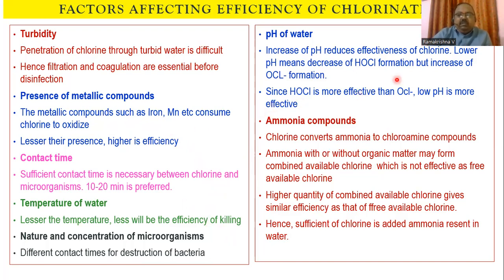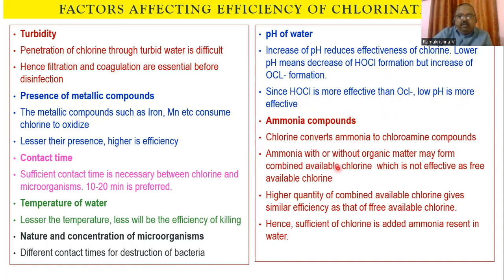pH: we already noticed that pH is an important parameter in terms of HOCl and OCl minus formation. HOCl is more effective, so lower pH, around 7 to 8, is more effective in the disinfection process. Ammonia compounds: chlorine converts ammonia to chloramine compounds.